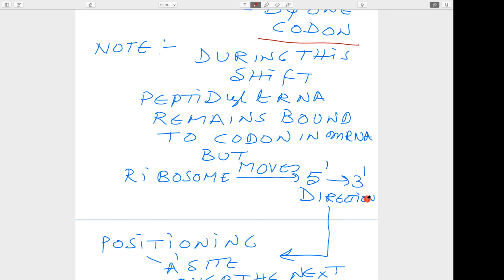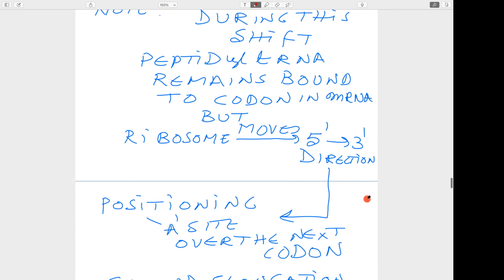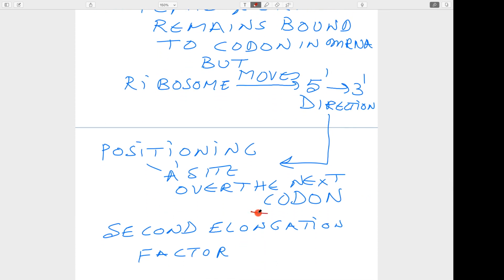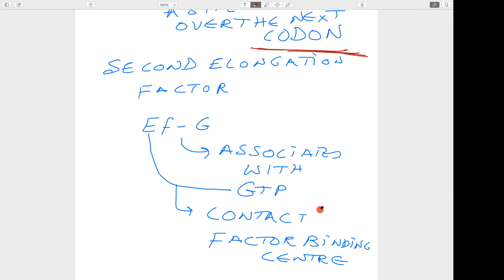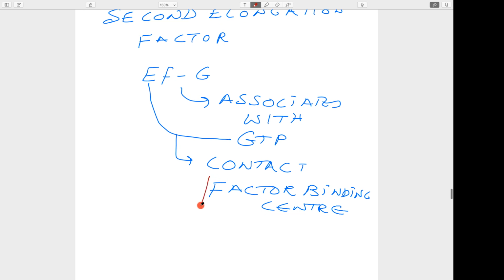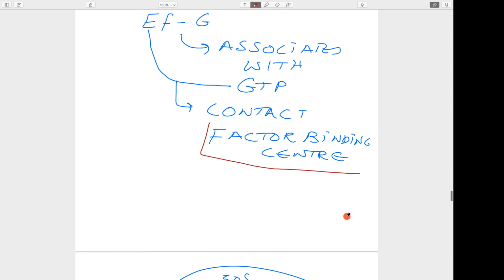In that process, the A site is positioned over the next codon so that a new amino acid can be incorporated. With the help of what? The second elongation factor, a combination of EFG and GTP. It contacts the factor binding center, as happened in the EF-Tu GTP complex.